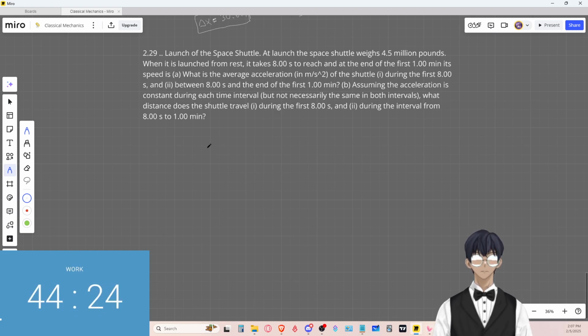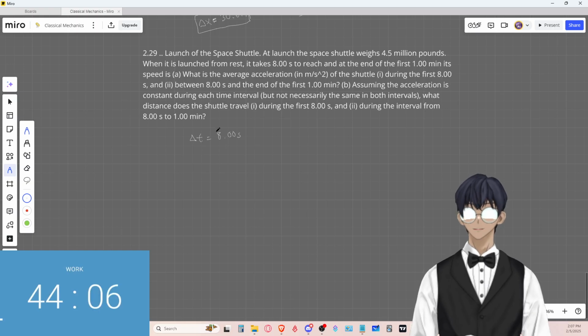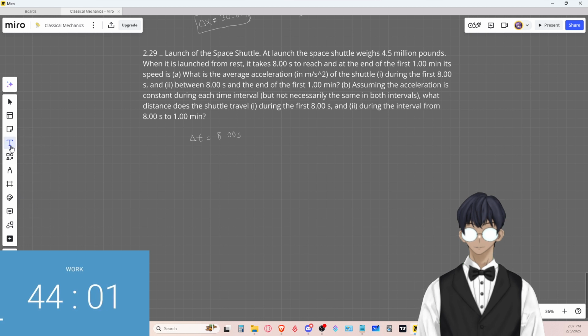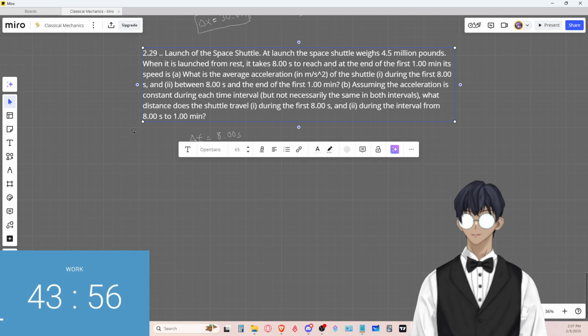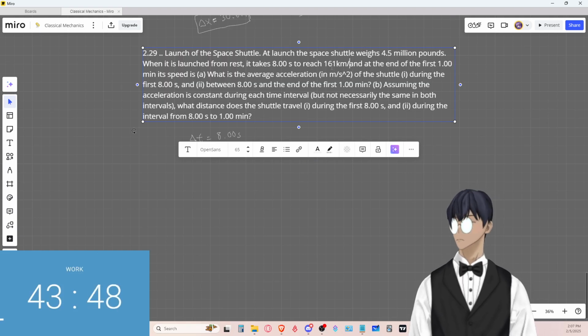When it is launched from rest, it takes about 8.00 seconds to reach 1,06 kilometers per hour.